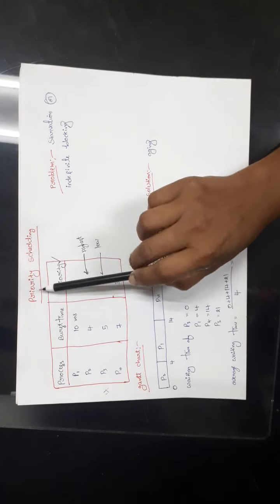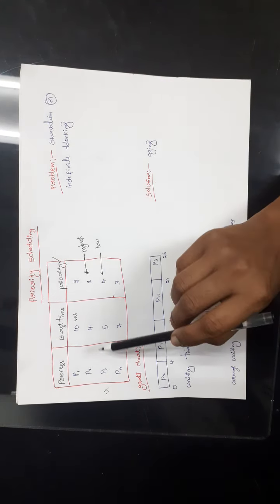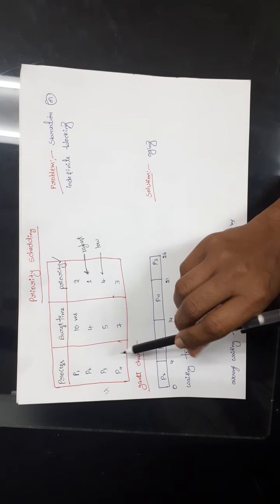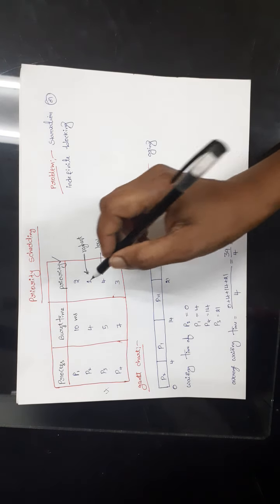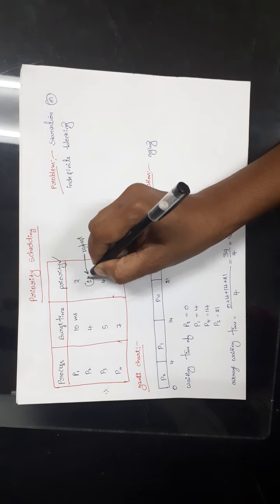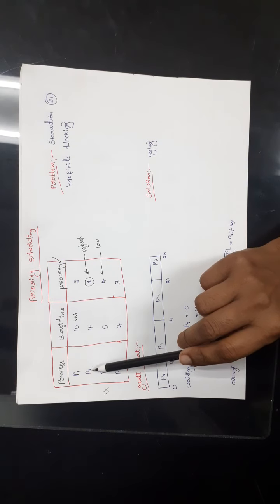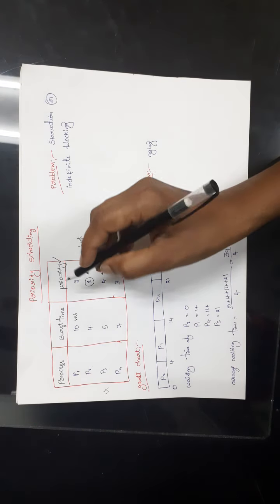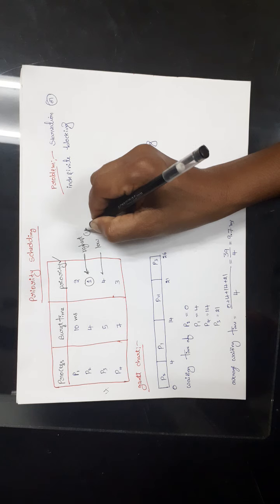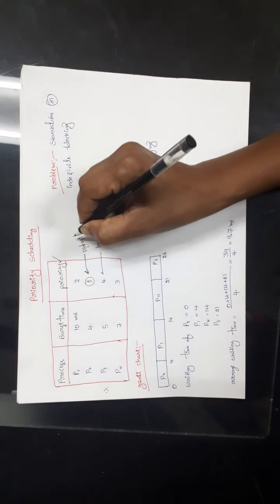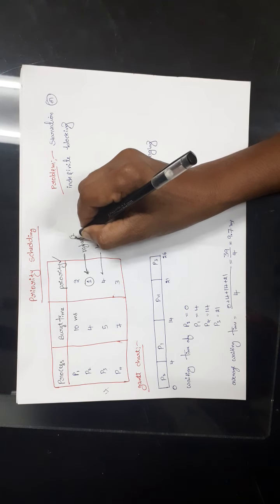In priority scheduling, the processes will be executed in the order of their priority. The highest priority process will be executed first, then the lower priority process will get its turn. Here P2 is the highest priority process, so it will be executed first. After that, P1 will be executed.